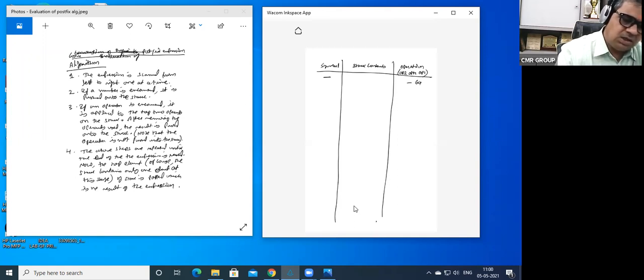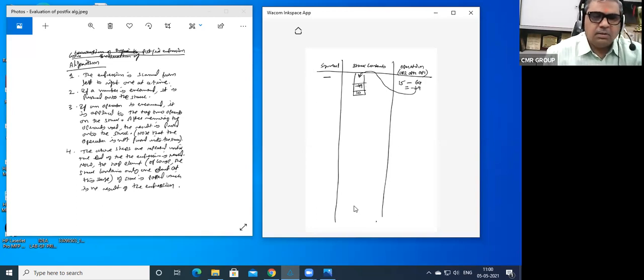You see how important it is? So 15 minus 64 is equivalent to minus 49. Minus 49 is pushed into the stack, so minus 49 goes here.